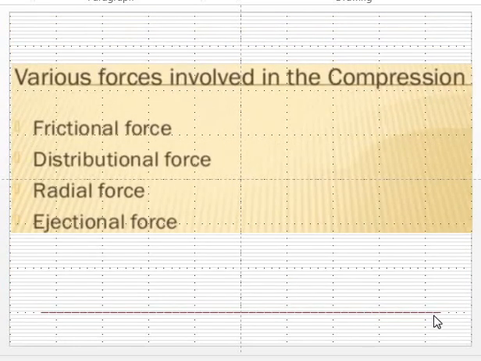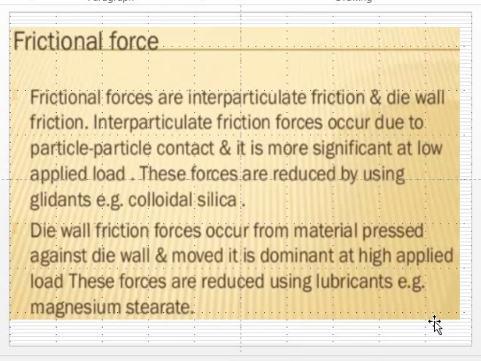Now there are various forces involved: the frictional force, distributional force, radial force and ejectional force. What is meant by frictional force? When we apply pressure by the upper punch, the frictional forces are interparticular friction and die wall friction. Pressure causes friction between the particles as well as with the die cavity.